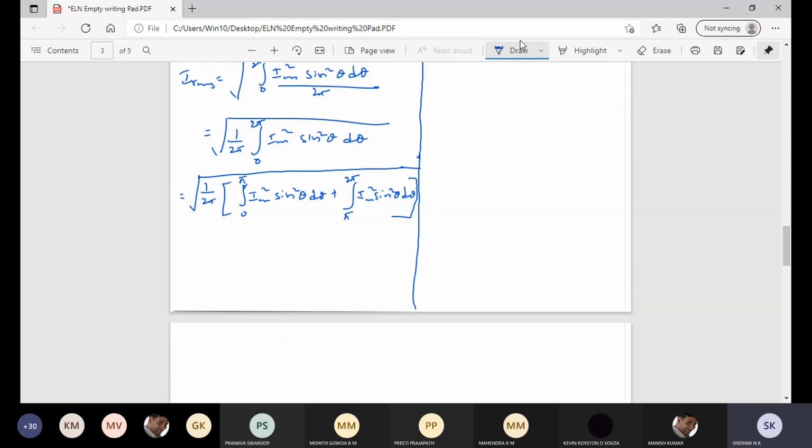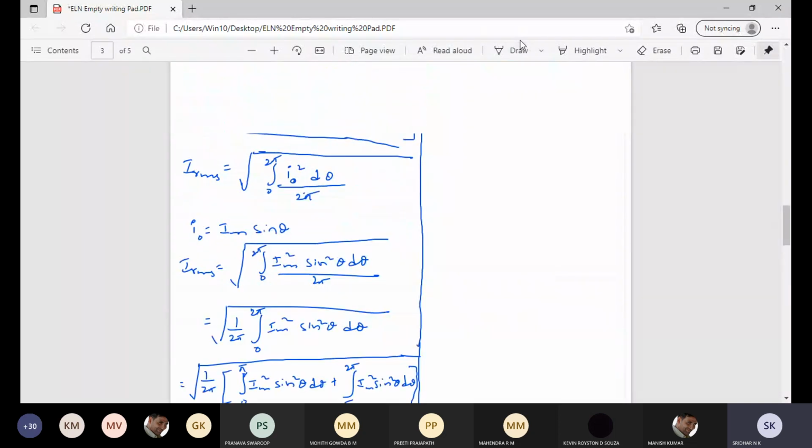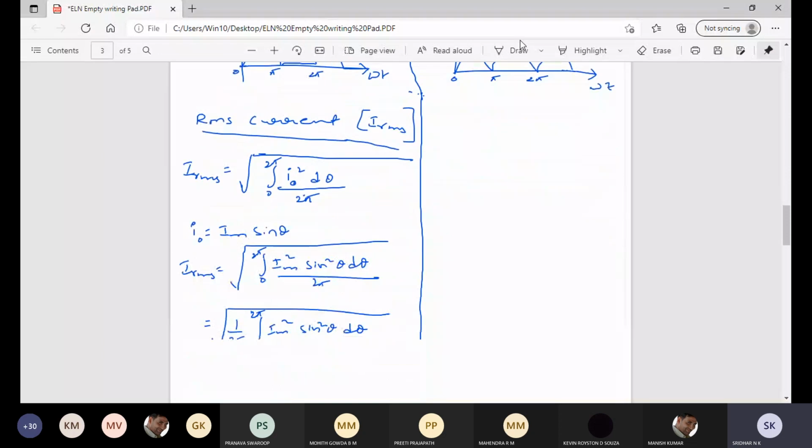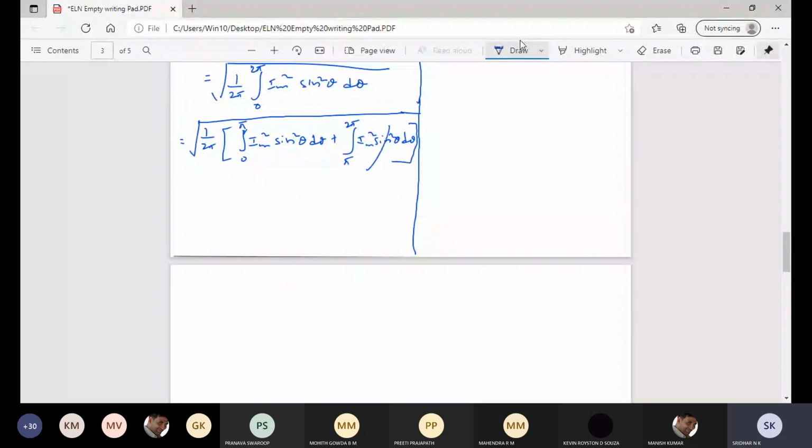Now, in the case of a half wave rectifier, the Im value from pi to 2 pi will be 0, right? Because we don't have any current from pi to 2 pi. So for that reason, this term goes to 0. So continue. 1 over 2 pi integral 0 to pi Im square sine square theta d theta, correct?